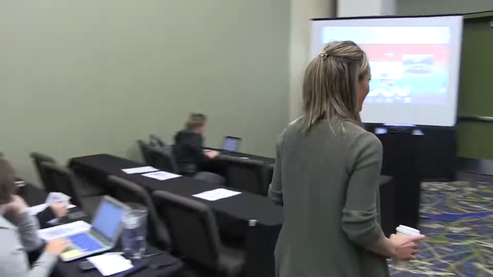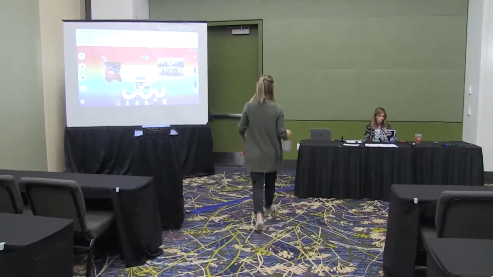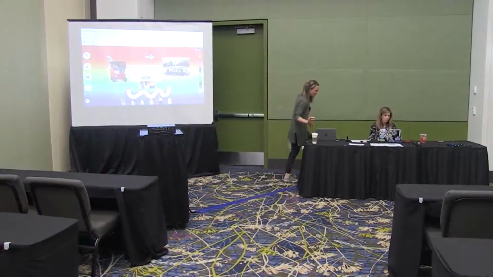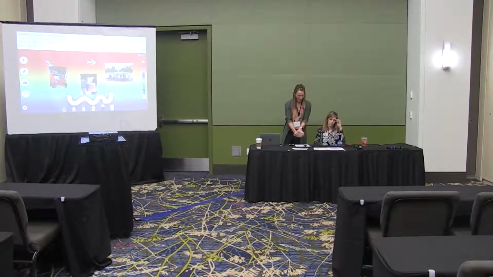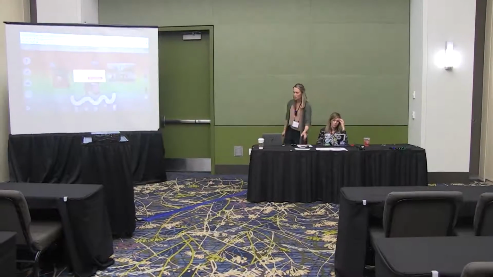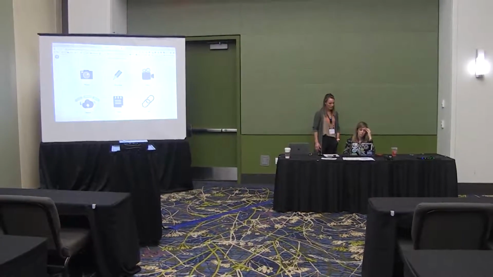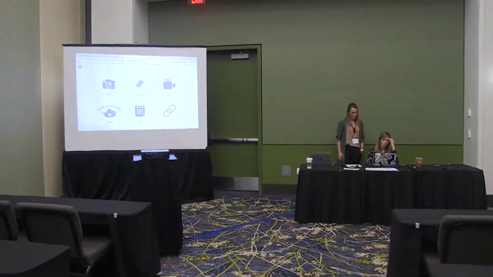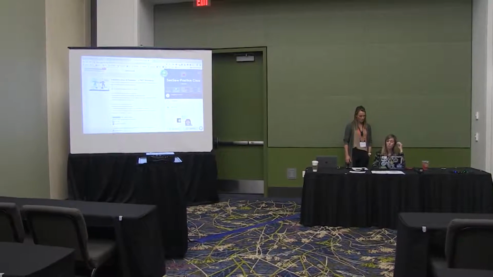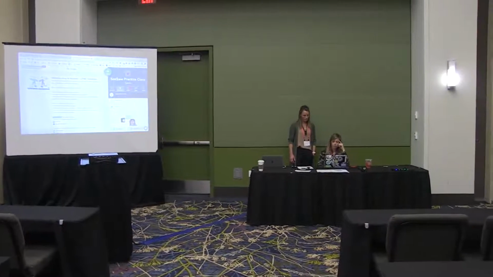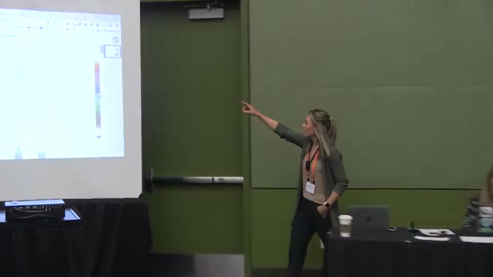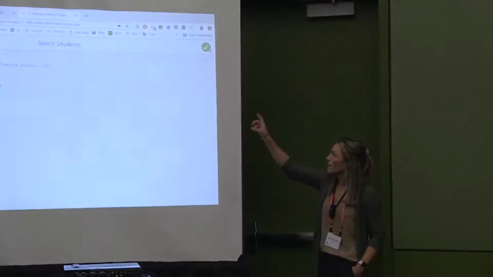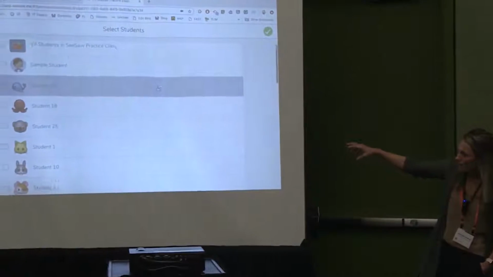All right, so we'll go ahead and wrap up your designs, and we'll take a look at our Seesaw class. At the top of your screen, you'll see a green check. Once you click on that, you're going to pick your student number.